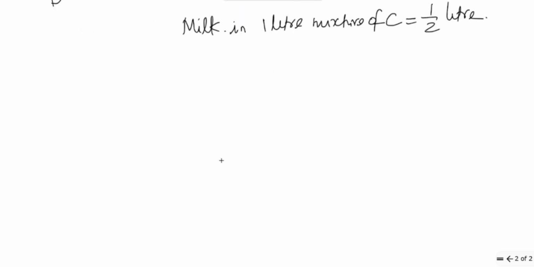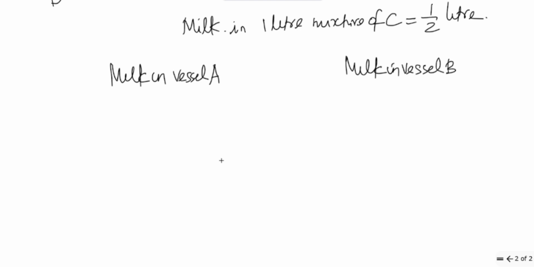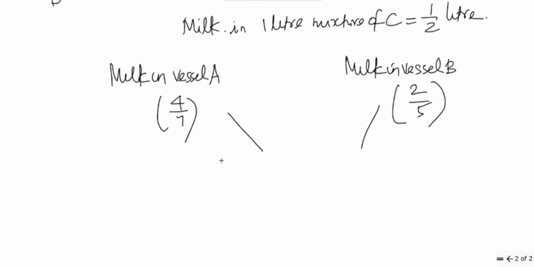By the rule of alligation, milk in vessel A, milk in vessel B, 4 out of 7 here, 2 out of 5. We found half a liter in our vessel C, that is our mean value. Now we need to do the subtraction.